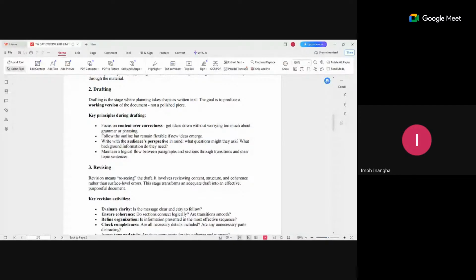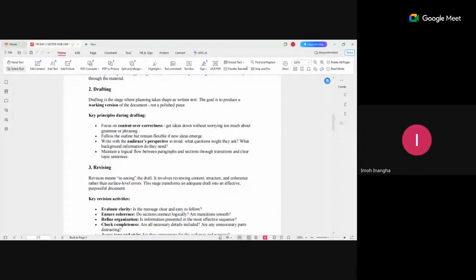Follow the outline but remain flexible if a new idea emerges. Write with the audience's perspective in mind. What questions might they ask? What background information do they need? Maintain a logical flow between paragraphs and sections through transitions and clear topic sentences.